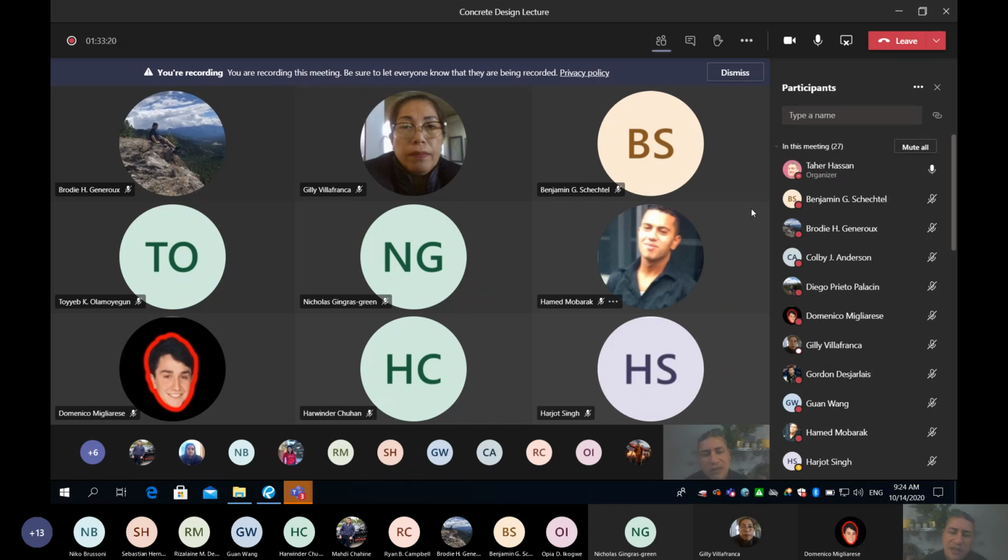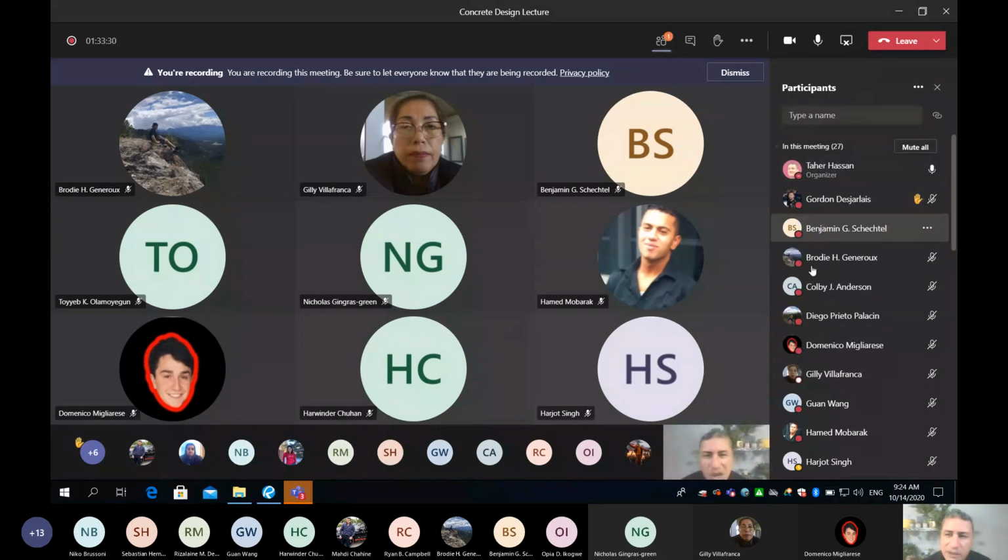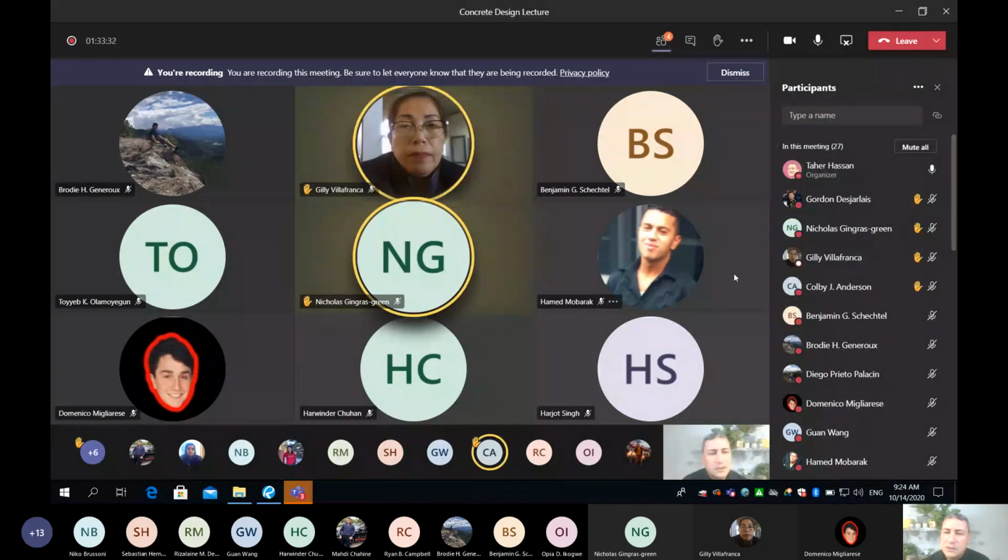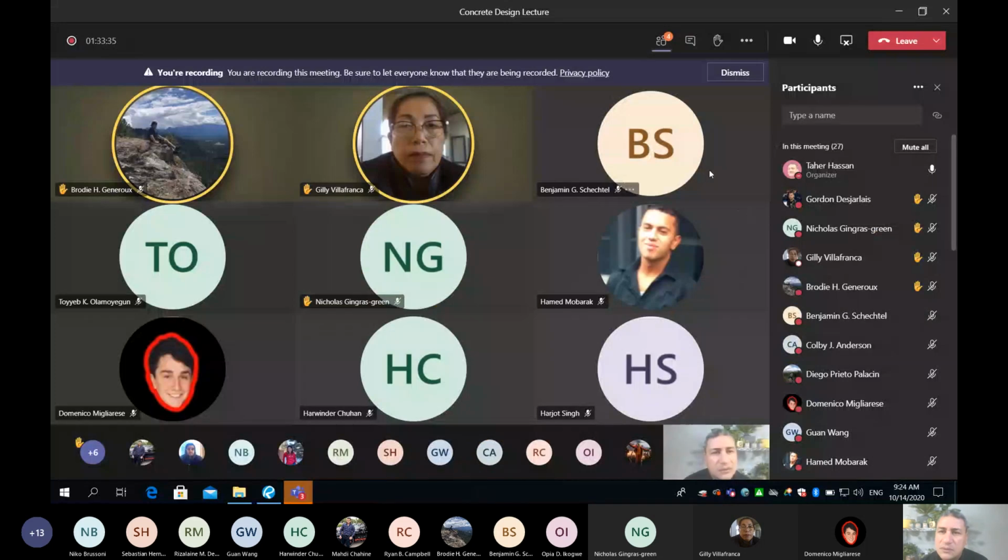For my beam to be safe, M_r should always be greater than or equal to M_f. Do you agree? Show your hands if you agree. Looks like you are shy. Okay, thank you, that's enough. Put your hands down.